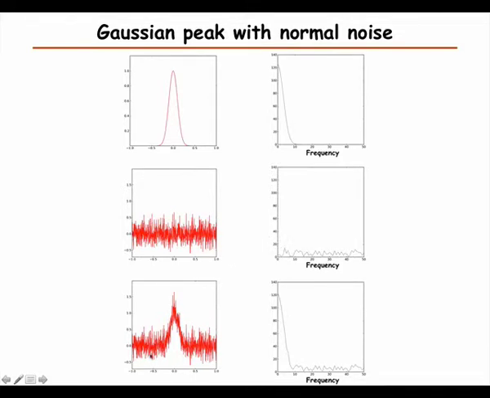If we add these two together, we get a noisy peak, which is pretty much adding up the two in frequency space also. So we get the characteristics of the Gaussian peak, and then added onto it a lot of other frequencies.